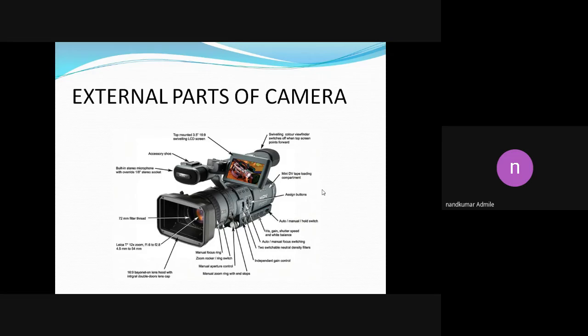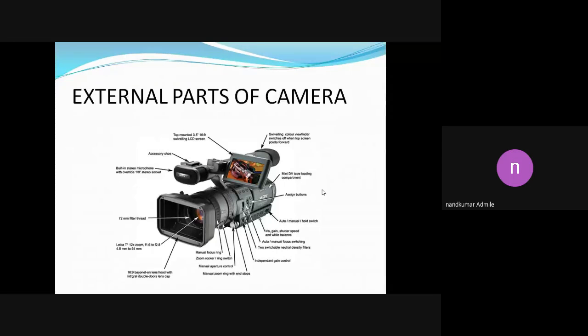Most of the time, video cameras are used to capture video. Once we capture the video, the second part is video processing. Similar to images, if there is noise, we also have to remove the noise from a video. So in order to capture the video, we need to understand the working principle of a video camera and the different internal and external parts of a camera.